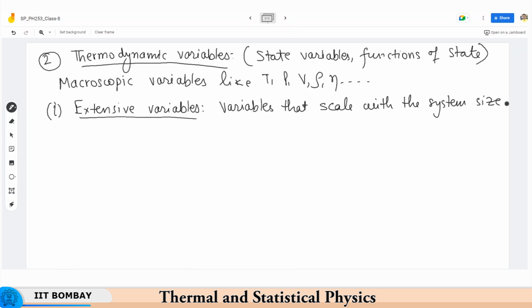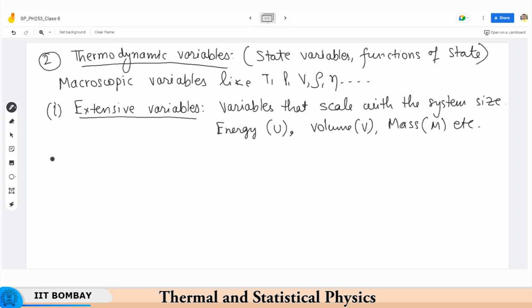Simple examples are total energy, typically denoted by the symbol U, volume, mass, etc. All these variables scale with how many molecules we have in the system. The energy is the total kinetic and potential energy of those molecules. Similarly, if you increase the number of molecules in the system, the volume will increase. Similarly, mass will increase.